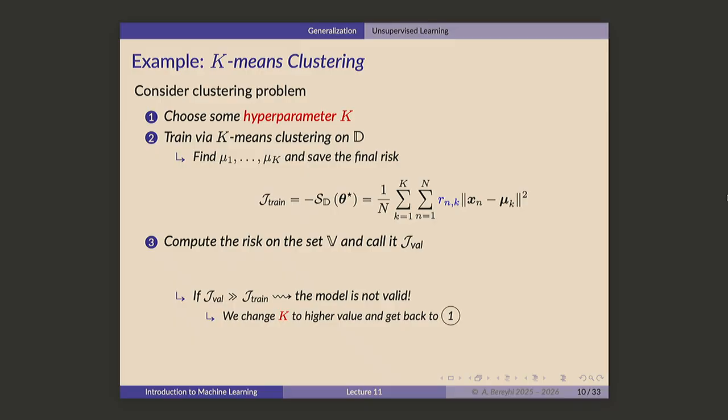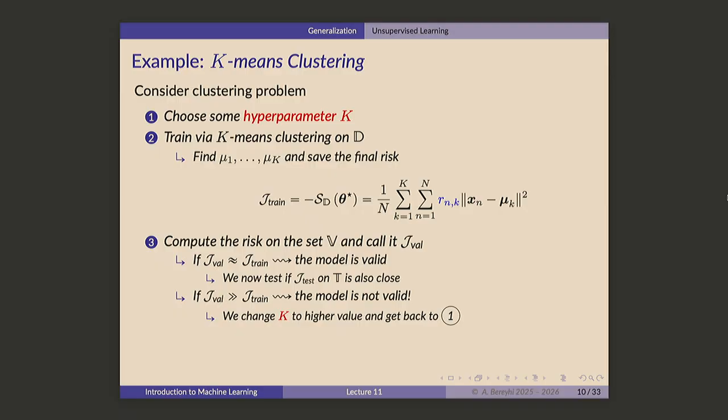I increase k, and I check again next time. I keep doing it until I see that the distance on the validation set and training set are roughly the same. So it means that I really had clusters, and anything coming out of my sampling is in one of these clusters, roughly speaking. Everybody's cool?